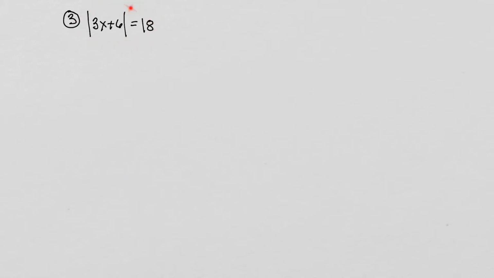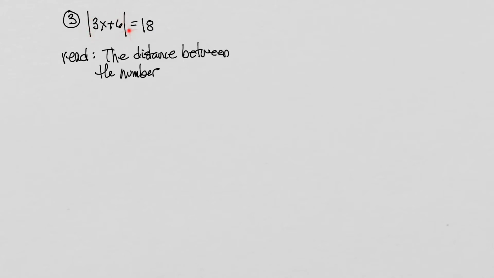Let's look at another one here. What about this one here? Now we've got a statement here, right? What are we saying? That this is equal to this. How do we read this? Well, let's go through this. We've got two sides here. Let's look at the left side. What does this side mean? As soon as I see absolute value, I'm thinking the distance between the number, whatever number I see inside here, and right now we're seeing a number represented by 3x plus 6.